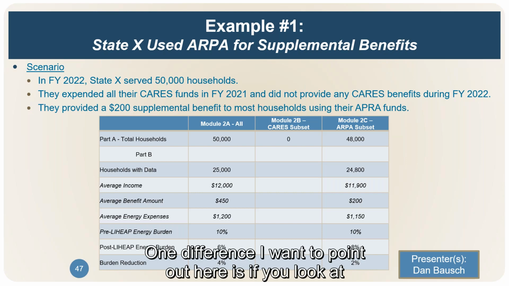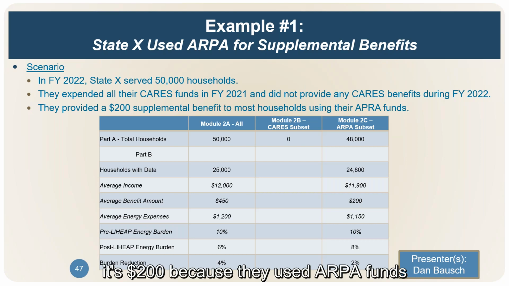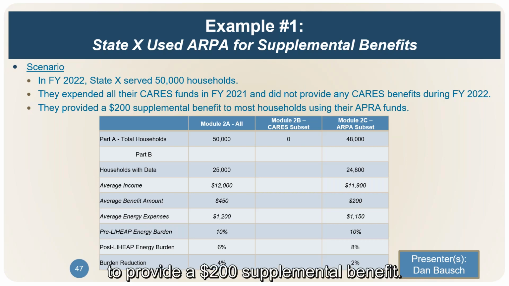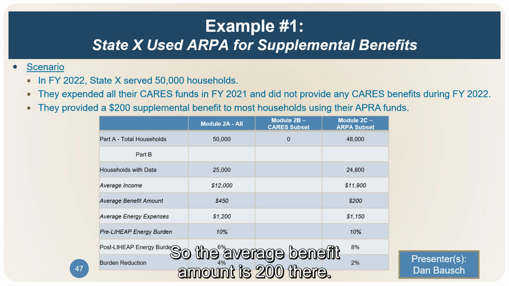One difference I want to point out here is if you look at the average benefit amount, which is in the middle of the table, average benefit amount overall was $450. But when you look at module 2C, it's $200 because they used ARPA funds to provide a $200 supplemental benefit. So every household that got ARPA received $200. So the average benefit amount is $200 there.